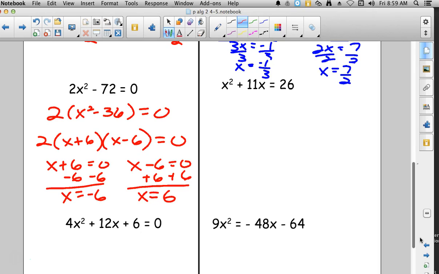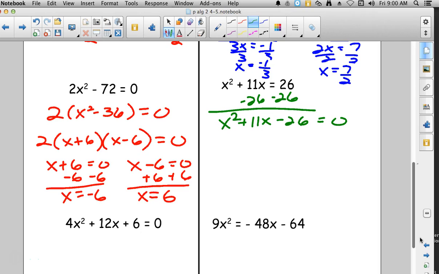That's going to be x squared plus 11x equals 26. Start factoring. Got to move that 26 over. Anything we can pull out of all of that? Is that a perfect square something or other? 26 isn't a perfect square, is it?